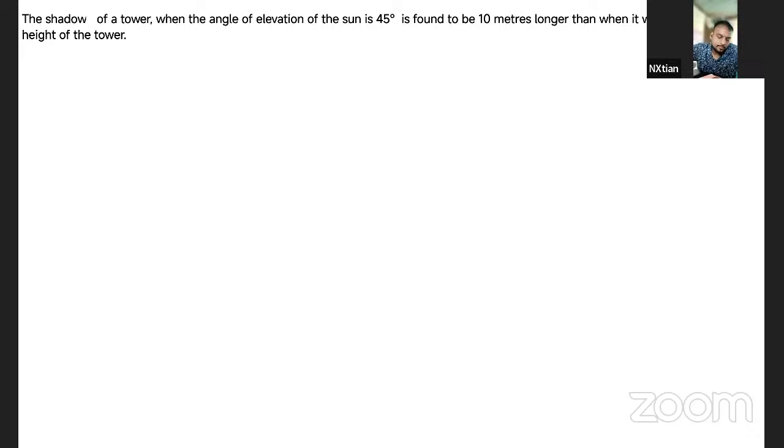A for Anna, read the question, please. The shadow of a tower when the angle of elevation of the sun is 45 degrees is found to be 10 meters longer than when it was 60 degrees. Find the height of the tower.